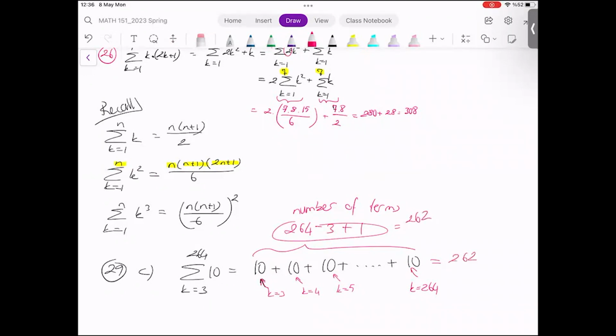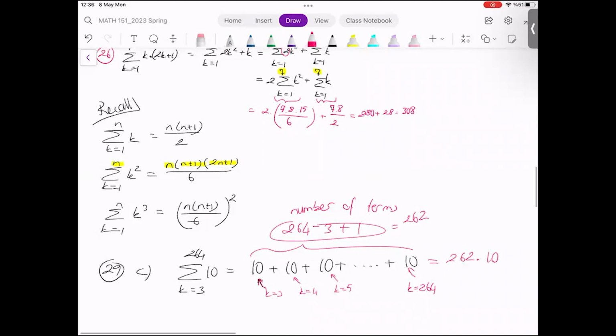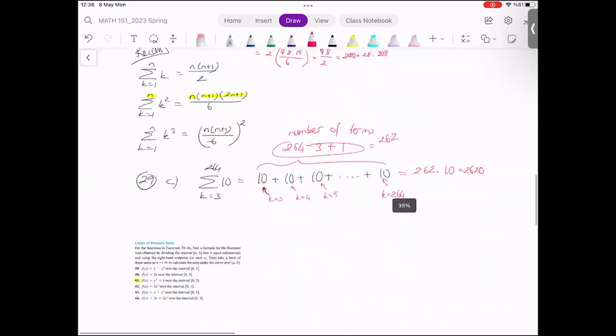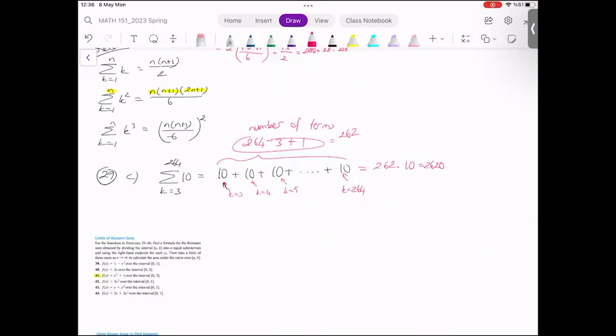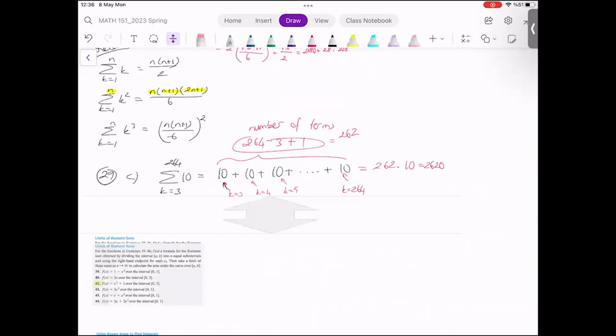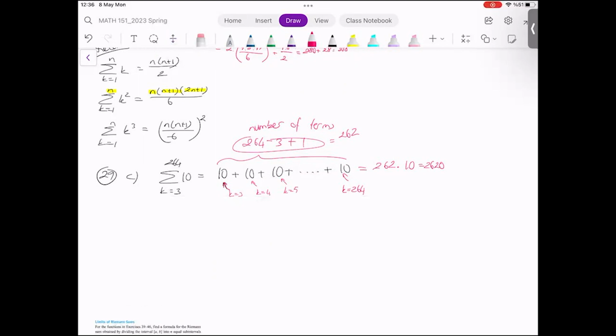So the number of terms times the value, which is 10. So your result is 2,620. Okay, like that. If you have a constant expression in your sigma notation, what you should do is multiply the value, which is 10, with the number of terms.